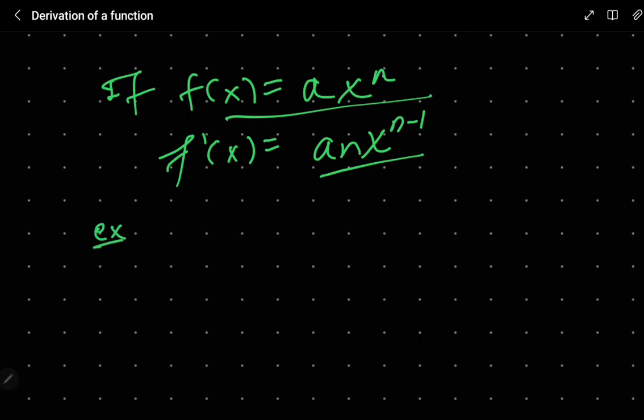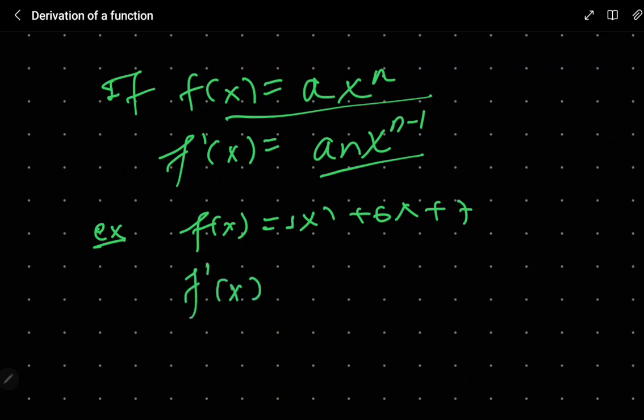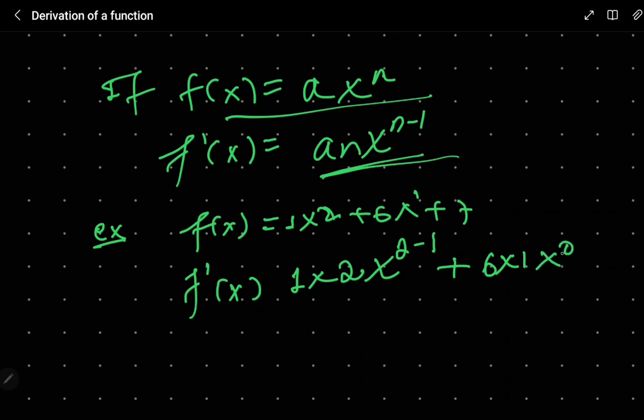Example, let's have an example. The previous one: if f of x is x squared plus 6x plus 7, what do you get? Here the coefficient is 1, so f derivative of x by this formula is 1 times 2, then 2 becomes the coefficient, and x to the power of 2 minus 1, plus 6 times 1 times x to the power of 0.